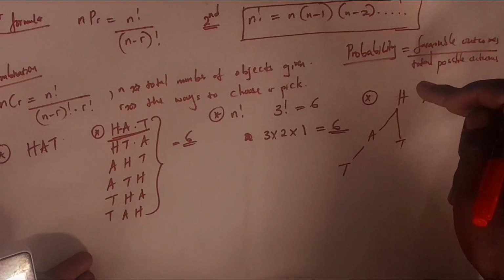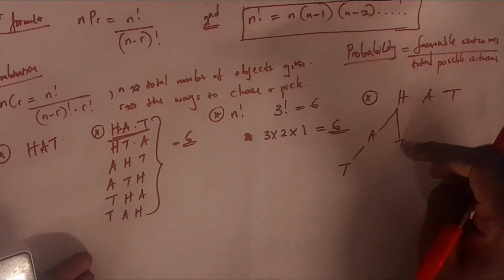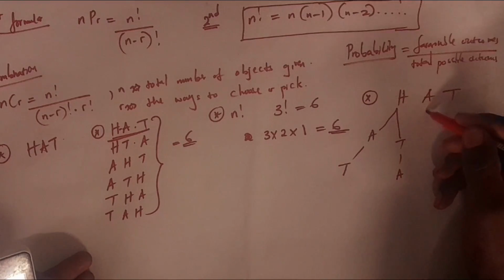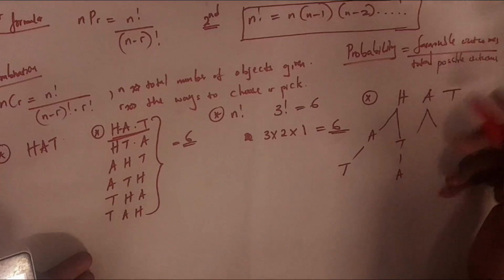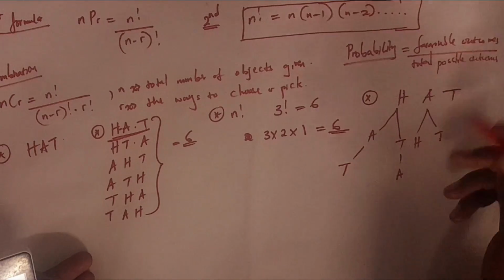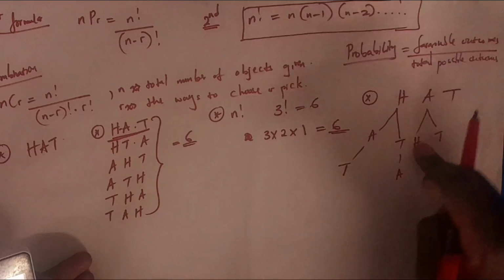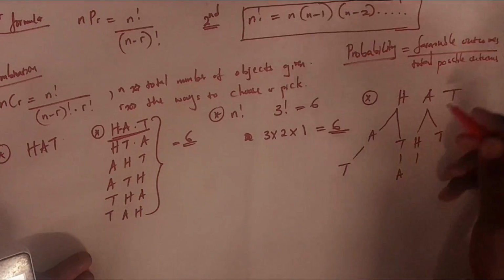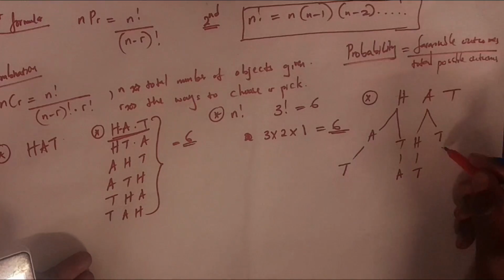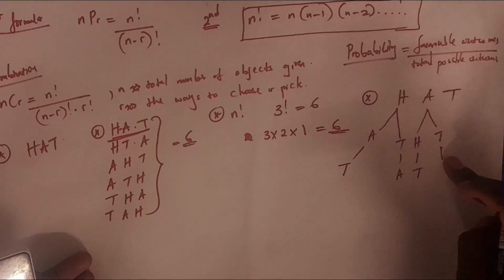Another one is going to have H, T, meaning it's going to be followed with an A. And then here we have A, so the next is going to be either H or T. When you have A, H, the value which is left here is T. And here we have A, T, meaning the letter which we are not having here is H.